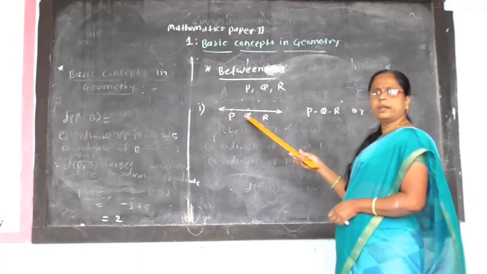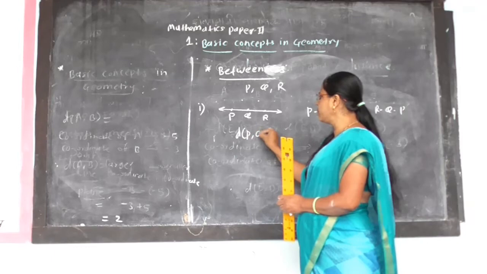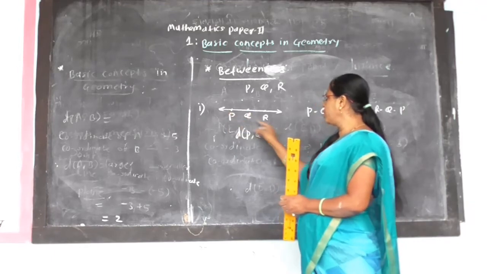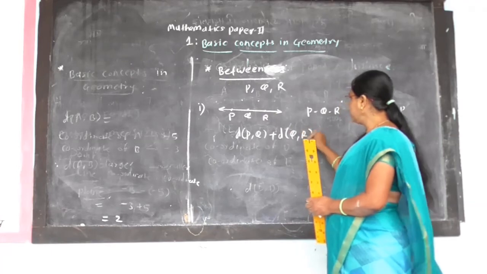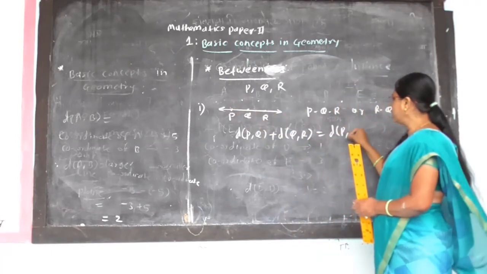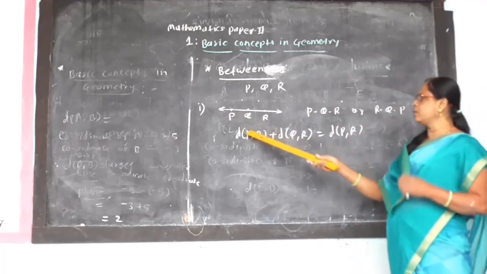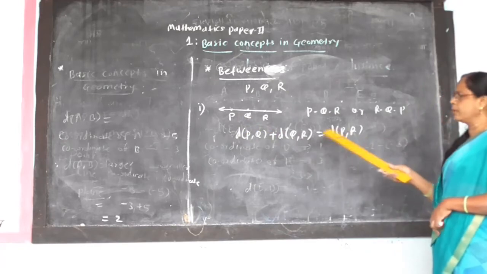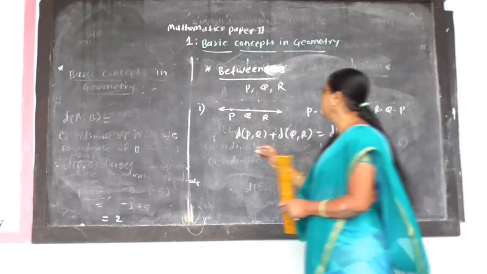This is denoted by distance PQ plus distance QR is equal to distance PR. If the addition of these two is equal to PR, then we say that P, Q, R are collinear points.